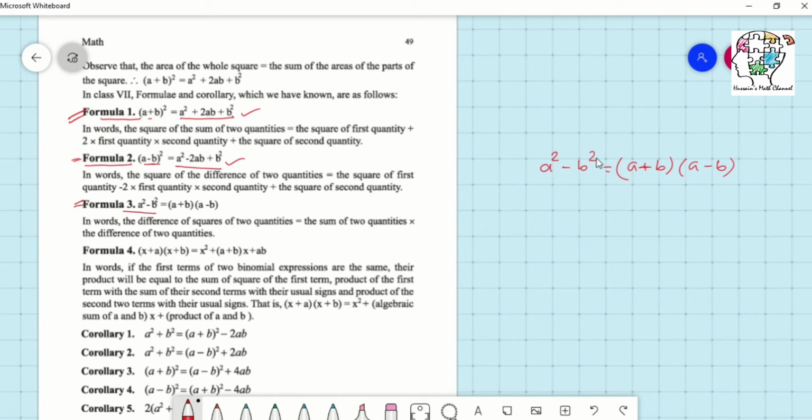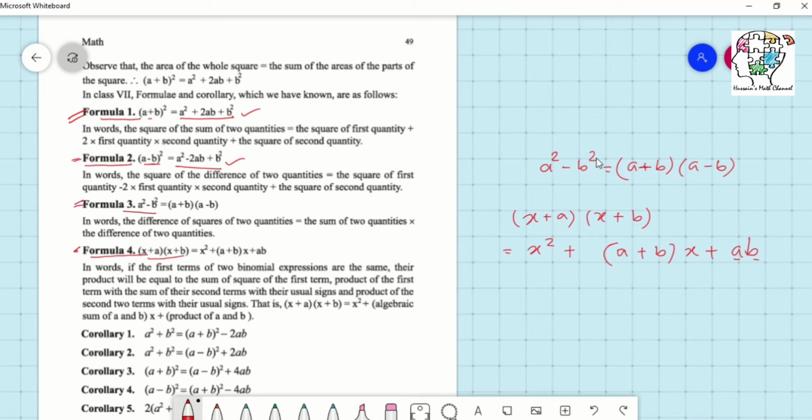Now formula 4, x plus a is one algebraic expression and x plus b is another algebraic expression. If we multiply these two, we can get x square plus a plus b times x plus a times b. Here ab indicates times, that means a times b.